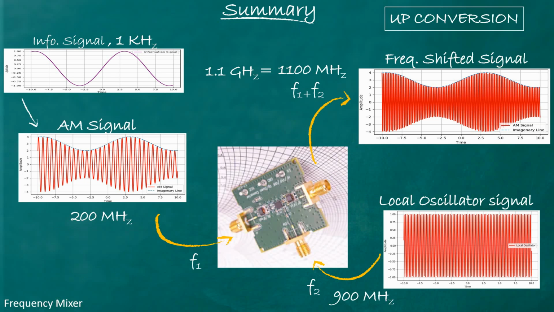For easy understanding, I have represented here the scheme of how a frequency mixer is used. First, initially we have the modulating signal. We have converted the modulating signal into a modulated one, amplitude modulated, using some carrier frequency.